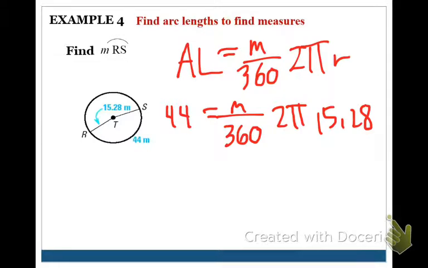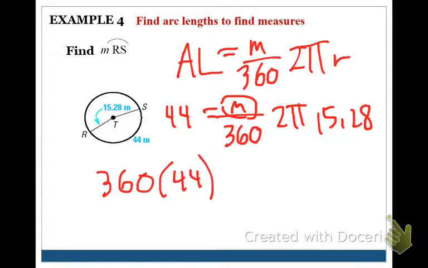So we have to solve for m right here. We've got to solve for m. So to do that, I need to clear the fraction. So I would multiply both sides by 360. So it becomes 360 times 44, right? And then also to get m by itself, I would divide both sides by all this.